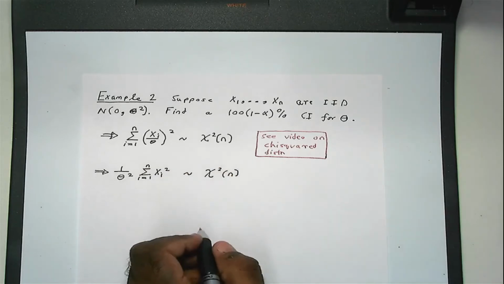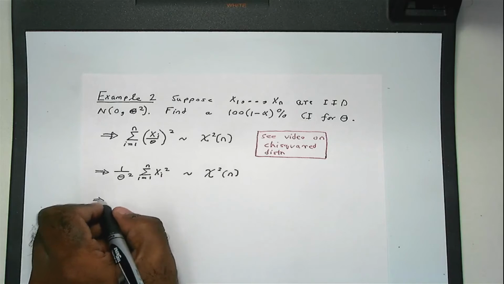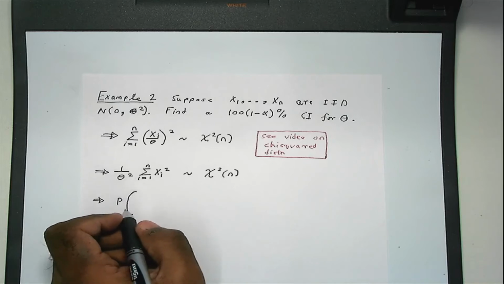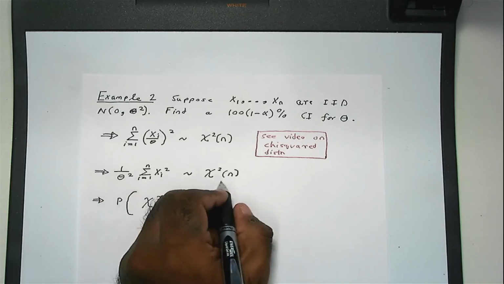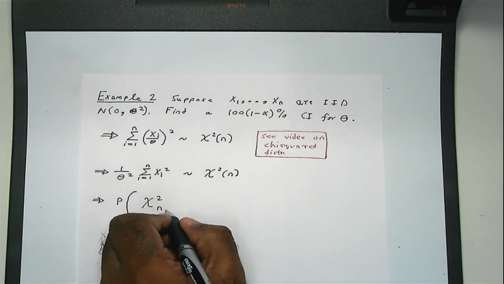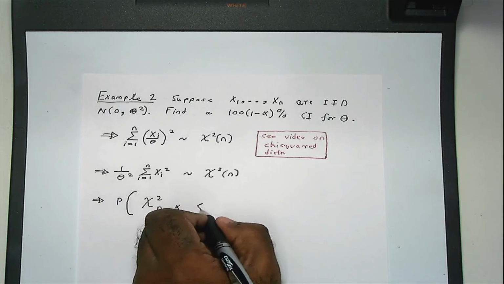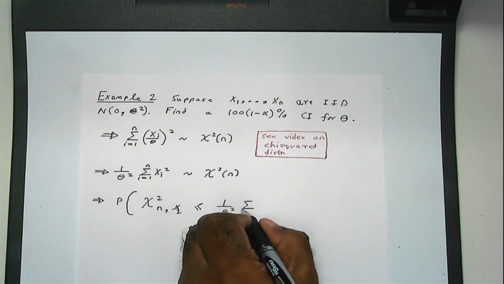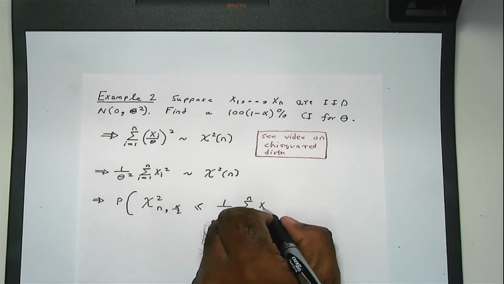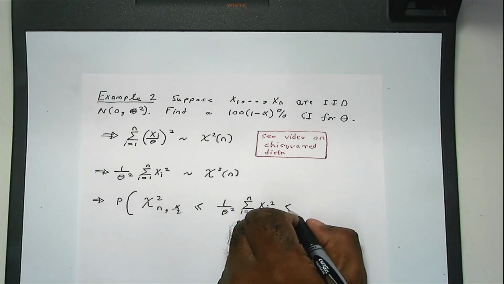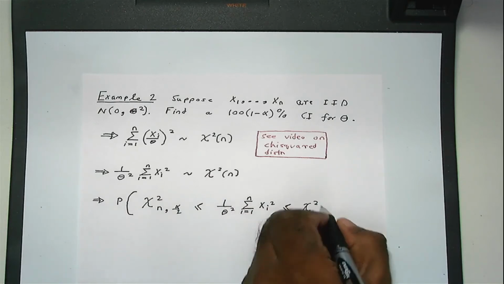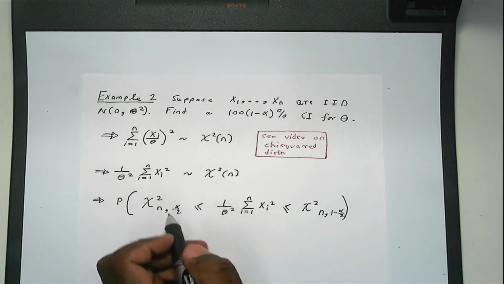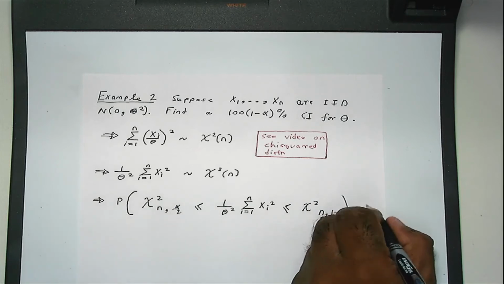And this implies, from the video on percentiles, that because this has the chi-square n, the probability that this lies between these two has to be equal to 1 minus alpha.